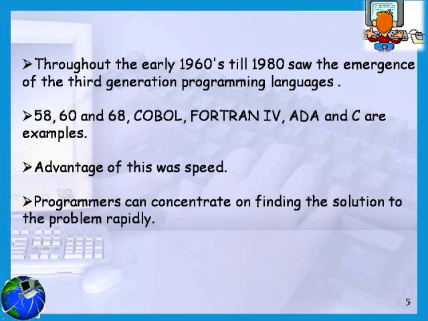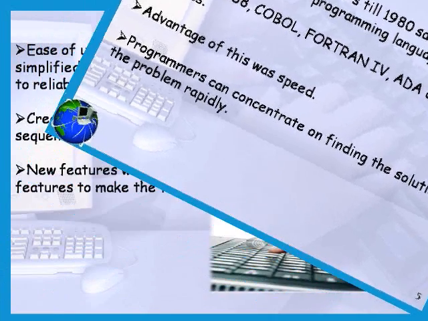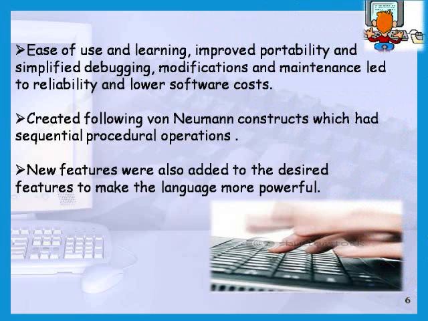The advantages of high-level languages include the support for ideas of abstraction, so that programmers can concentrate on finding the solution to the problem rapidly, rather than on low-level details of data representations. The comparative ease of use and learning, improved portability, and simplified debugging, modification and maintenance led to reliability and lower software cost.